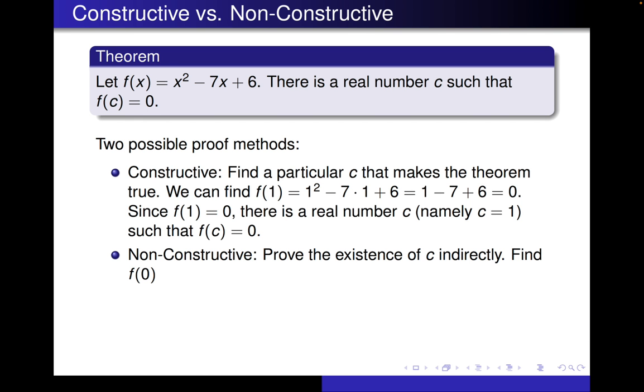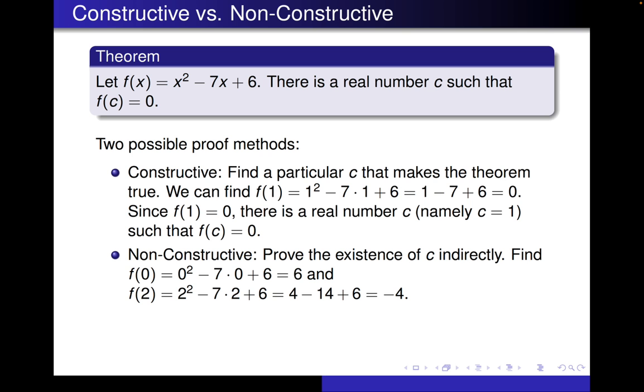So let's see what happens when we plug in x equals 0. f of 0 equals 0 squared minus 7 times 0 plus 6 equals 6. Well, that doesn't work. 0 isn't a solution, but let's try something else. Let's see what happens when we do f of 2. There we get 2 squared minus 7 times 2 plus 6, and if we do the simplifications on that, we get negative 4. So f of 0 is 6, f of 2 is negative 4.